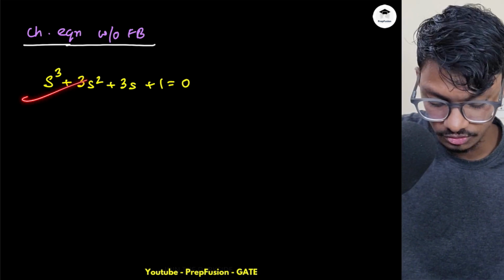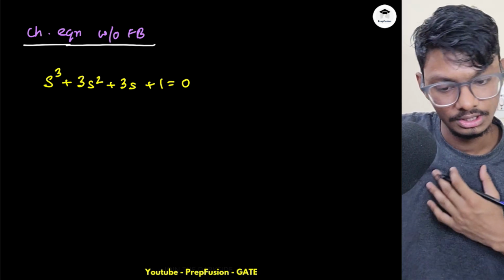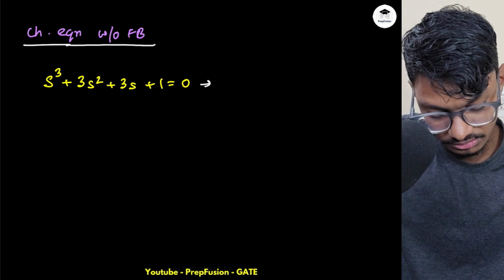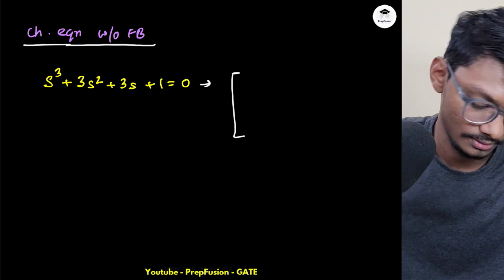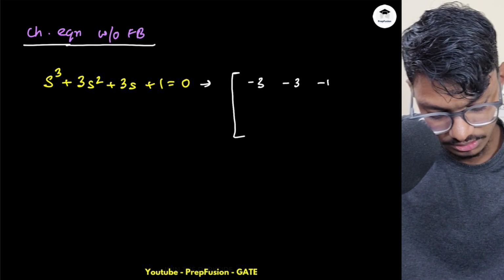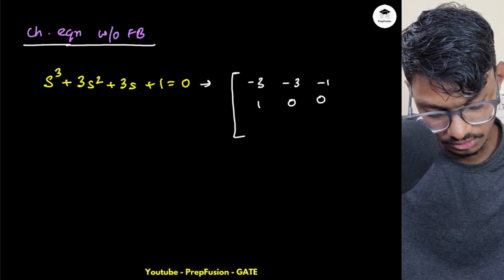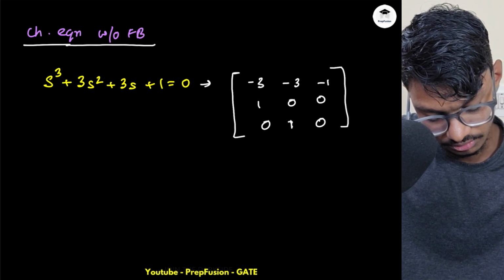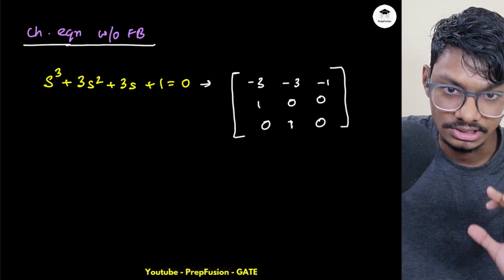So this is my characteristic equation, basically (s plus 1) whole cube. For this, what will be my system matrix? My system matrix will simply be the first row -3, -3, -1, then 1 0 0, then 0 1 0. So this will be my system matrix.